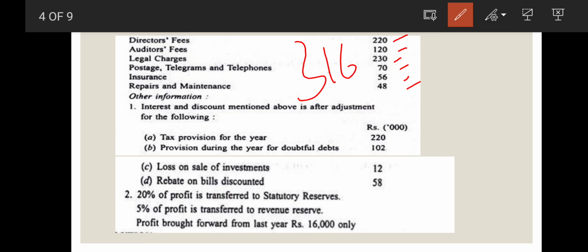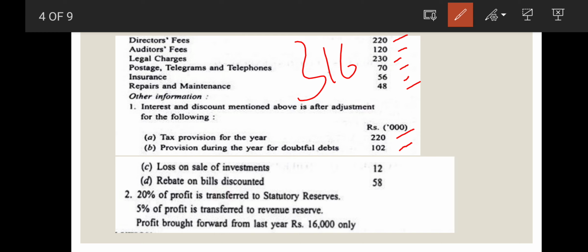The adjustments are given. Interest and discount mentioned above is after adjustment for the following. Tax provision for the year 220 will come under the provision and contingency heading. Provision during the year for doubtful debts 102 also comes under provision and contingency.